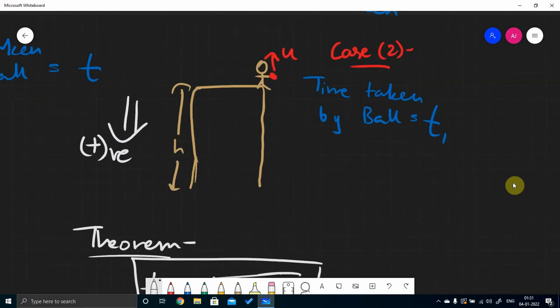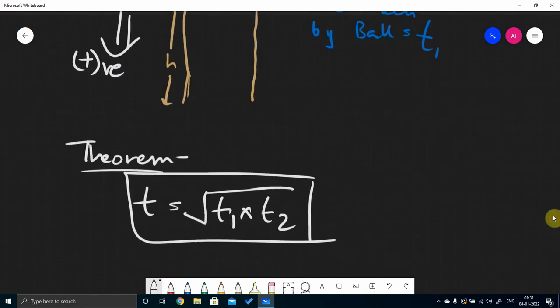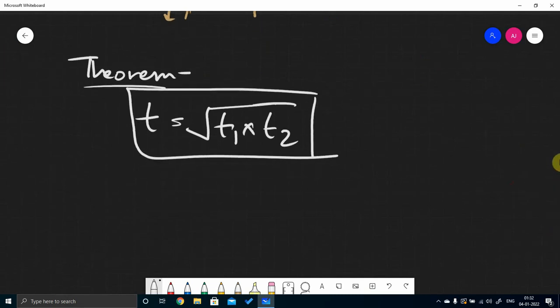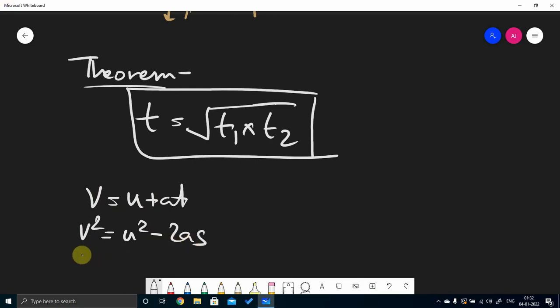As I said, sign convention is up to you. So down is positive, up is negative. Now we get v is equal to u plus at, v square is equal to u square minus 2as, and s is equal to ut plus half gt square.